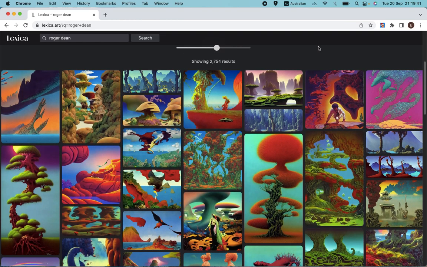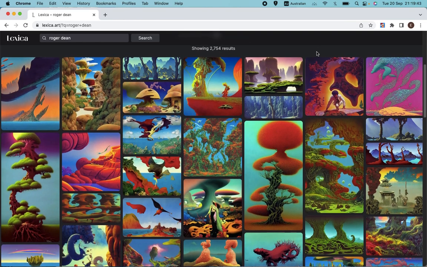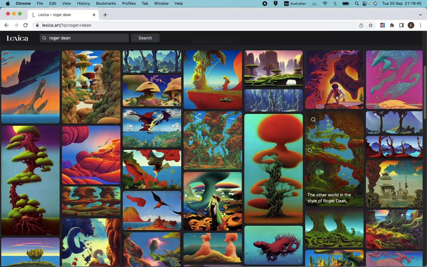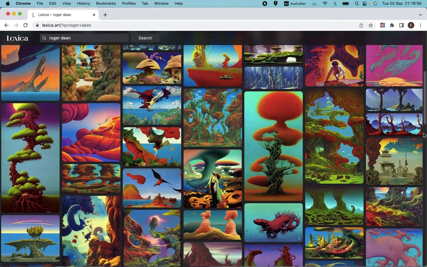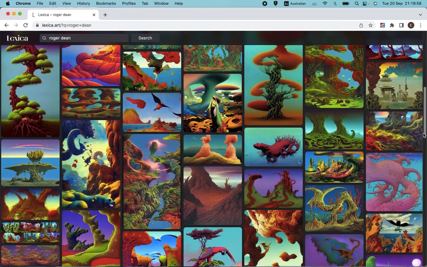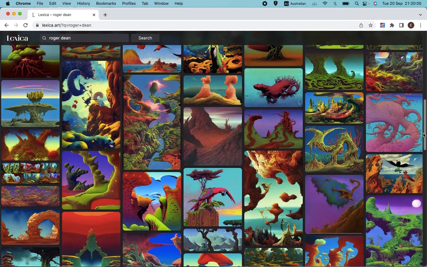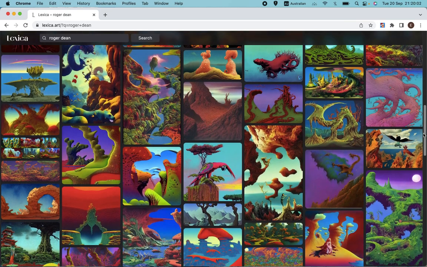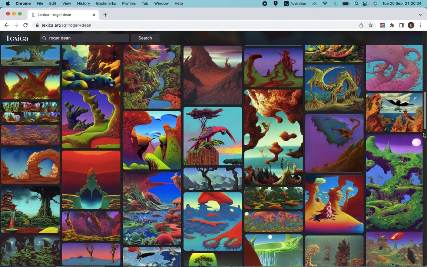So I think he worked with Yes, and I don't know if he worked with Led Zeppelin, but with bands like that. He tended towards sort of fantasy imagery, I suppose, and it had a sort of brightly coloured psychedelic look. Basically he did big landscapes.